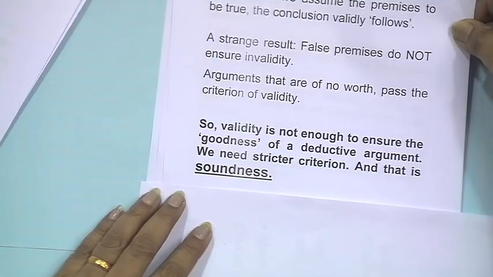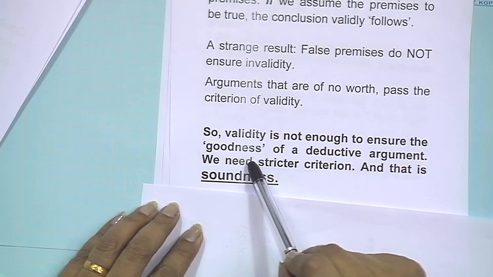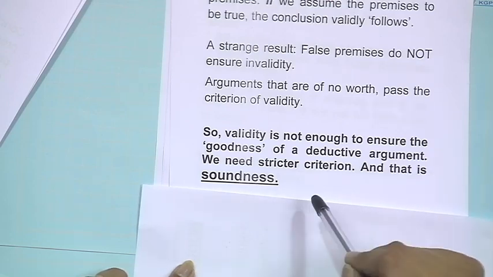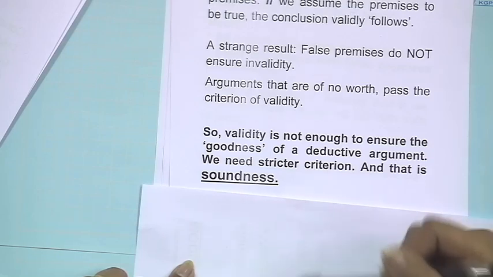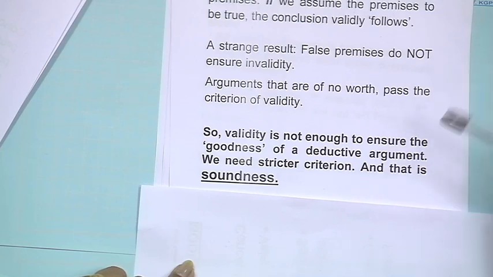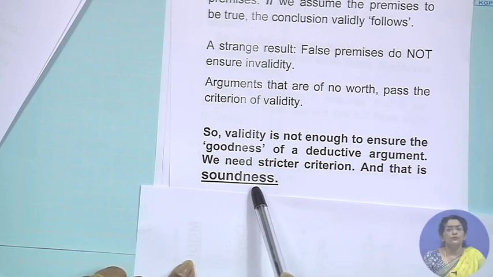This is the reason why, for deductive arguments, validity is not enough as a criterion. We need something stricter. We need some other notion to supplement the concept of validity, so that this kind of spurious, trivial, worthless argument can be kept at bay, and that stricter notion is that of soundness.